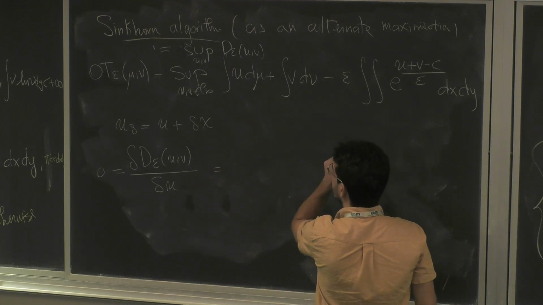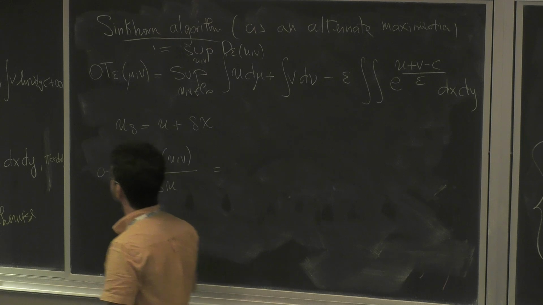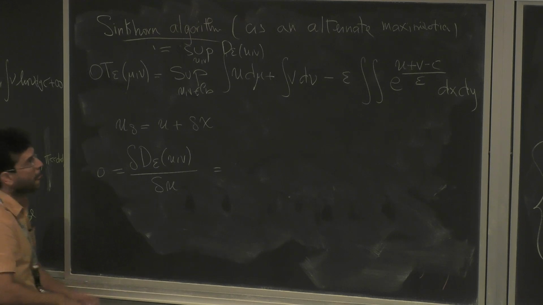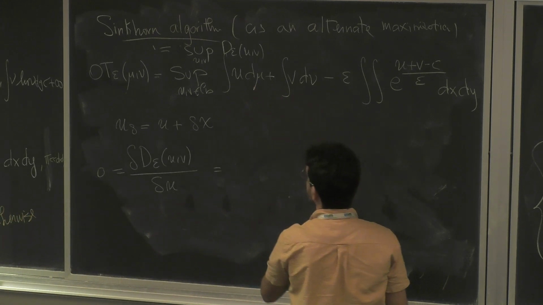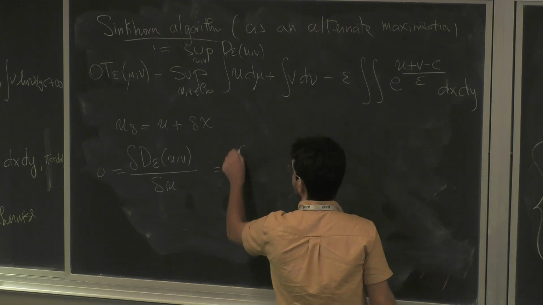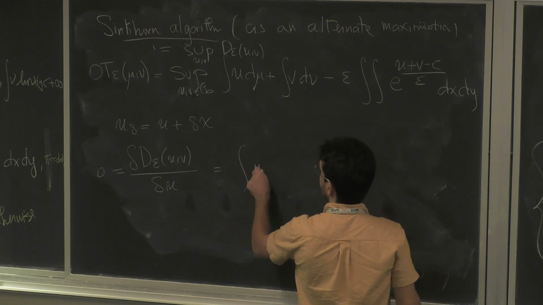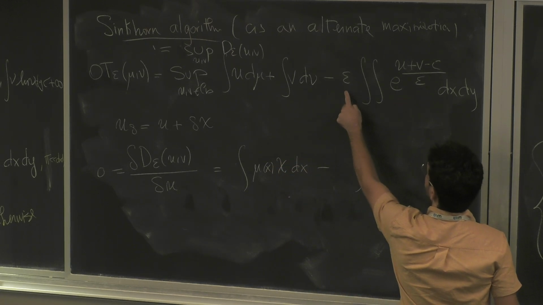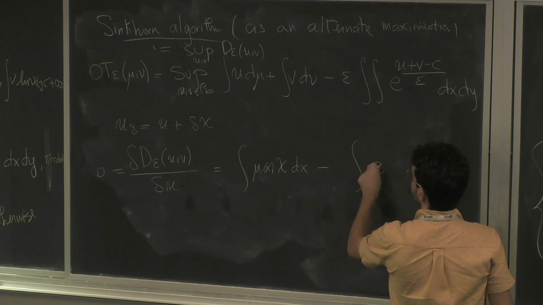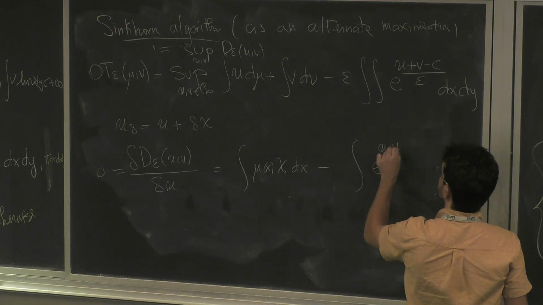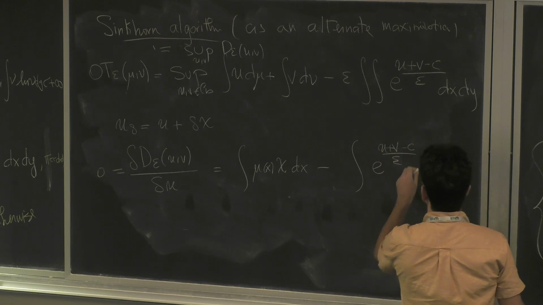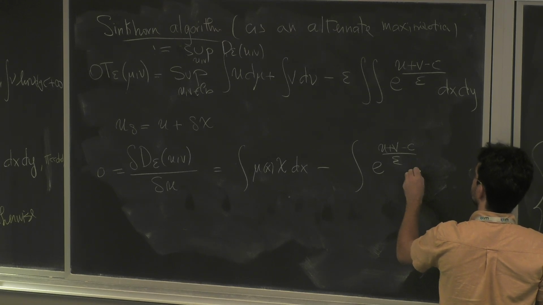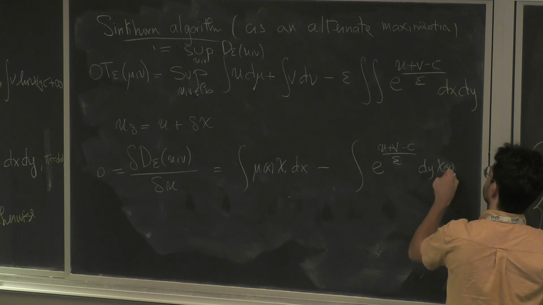So now if I do this computation, here I really need to assume that the entropy is finite. And for simplicity, let me also assume that mu and nu are absolutely continuous with respect to Lebesgue, to make this computation a little bit simpler. So then what I have is mu of x chi dx when I do the variation, and then I have the integral, so the epsilon falls down, of e to the (u plus v minus c) divided by epsilon times chi of x dy dx.